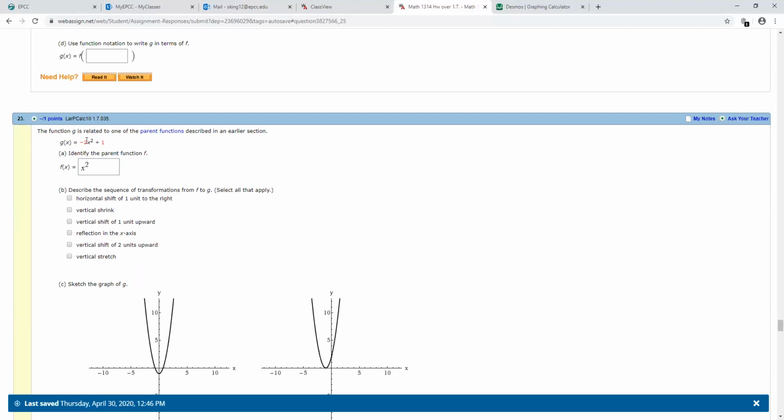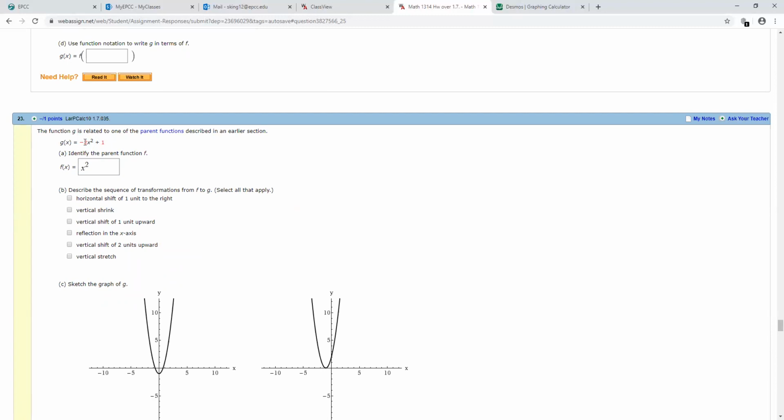What transformations do we see in front of our eyes here on this equation? Griselda, is there anything done inside the function this time? Is there like an x plus 1 inside? There's a plus 1, but is that inside the squaring function or outside? Outside. Okay, you sounded shaky there. Are you guessing or do you understand?